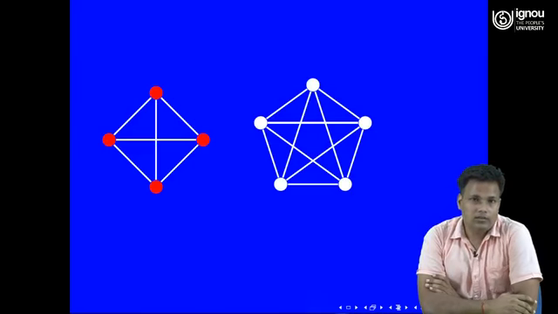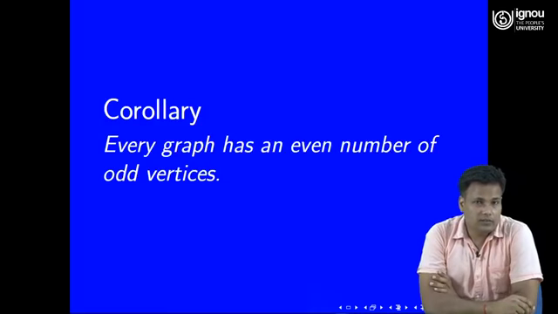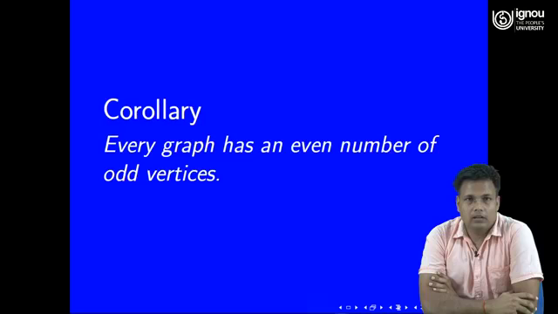So in all these examples, you have seen that the number of odd vertices a graph has is an even number. And in fact, this is not a coincidence, it is a well established result which follows from the handshaking lemma. It says that every graph has an even number of odd vertices.